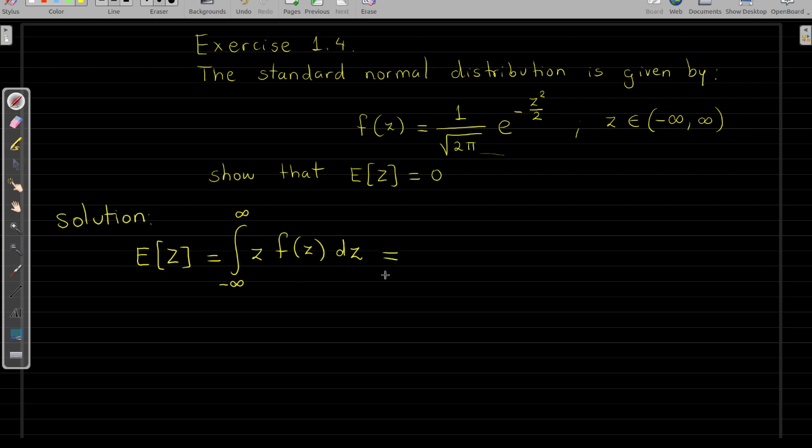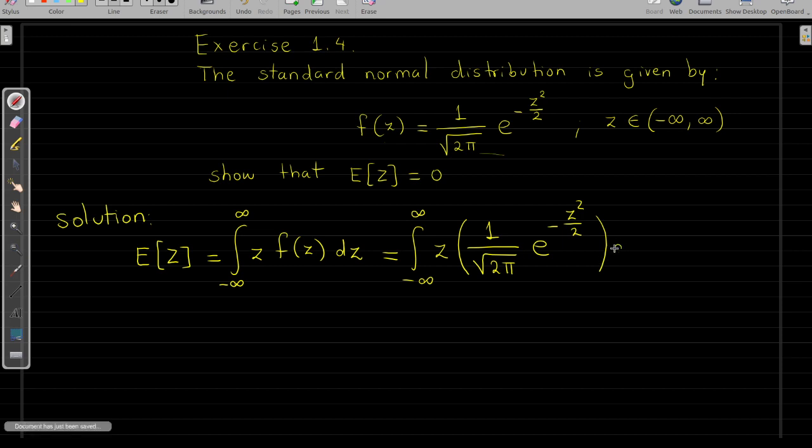Alright, so let me just copy the integral and z. Okay, now here I'm going to make a replacement. I know that by the information that I was given before that f of z is this expression. So let me replace that. This is going to be 1 over square root of 2 pi exponential of minus z squared over 2 dz.